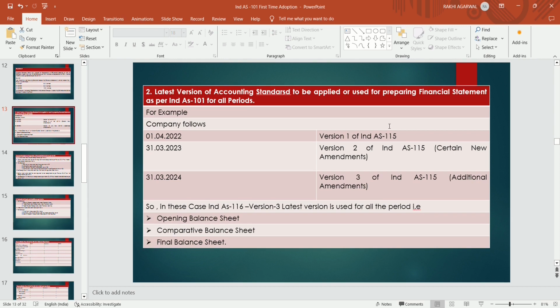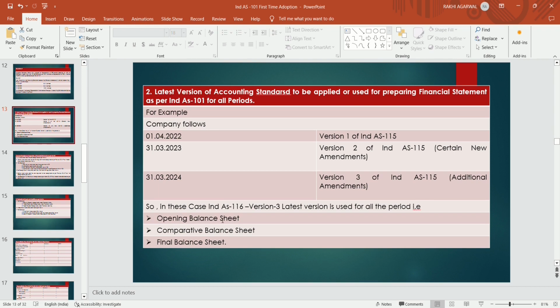And on 31st March 2024, version 3 came into existence, with certain additional amendments. Now, when the company is applying Ind AS, which version will they apply? Version 1, version 2 or version 3? They will apply version 3, the latest version, for preparing their financial statements.